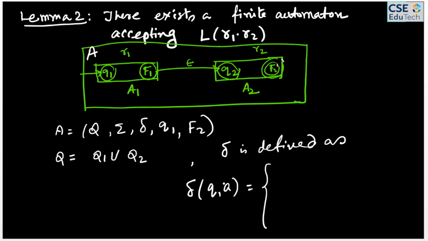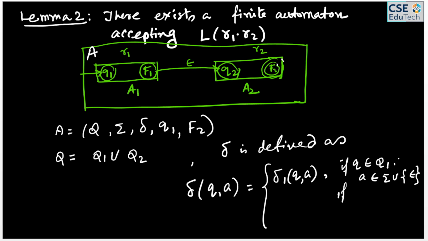The situations are like this: if Q belongs to Q1 and A belongs to sigma union epsilon, that means any state Q belonging to Q1 and your input is A, from the alphabet sigma or epsilon.